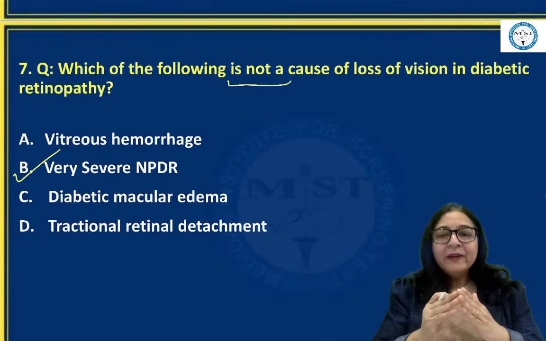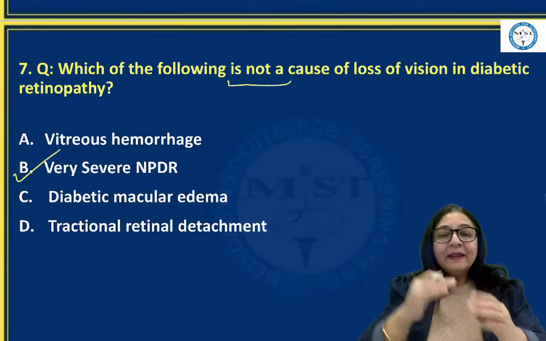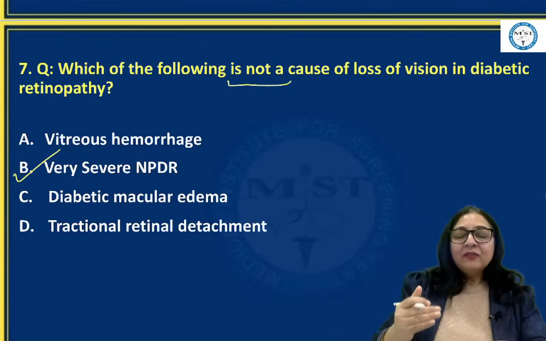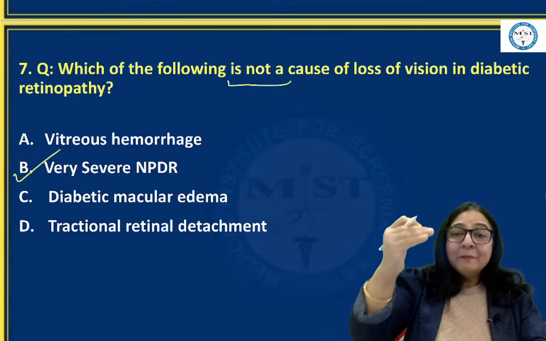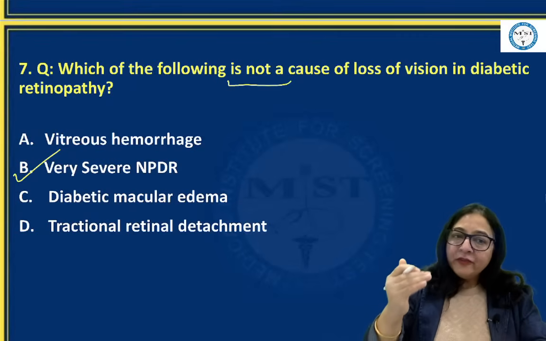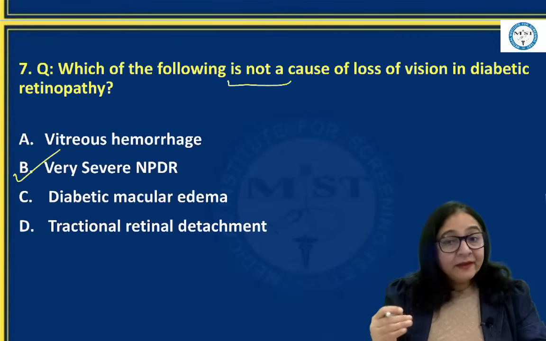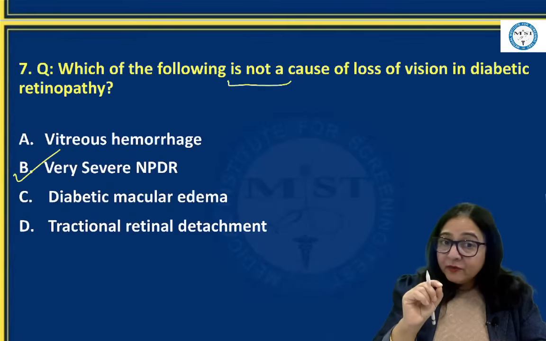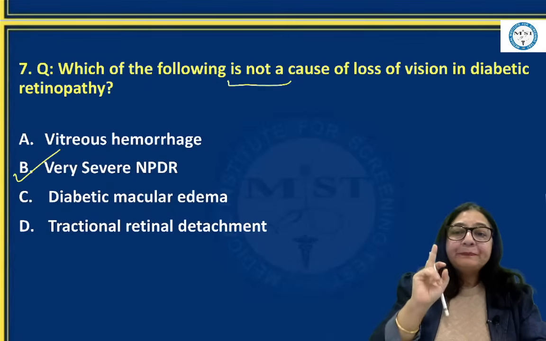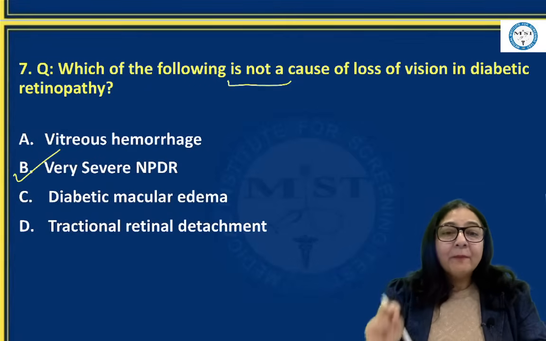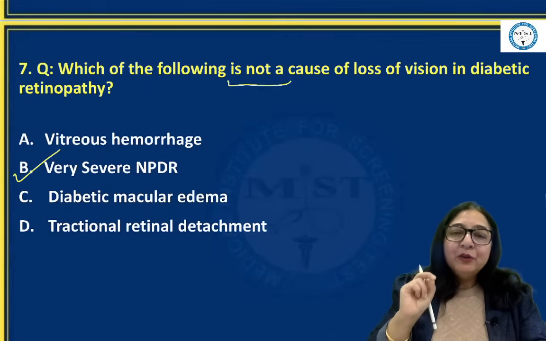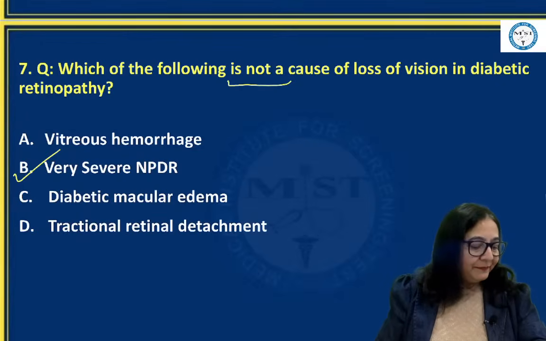Okay, so this understanding is important, that all the stages of NPDR, whether it is mild, moderate, severe or very severe, if they are not associated with maculopathy or macular edema, there will not be loss of vision.